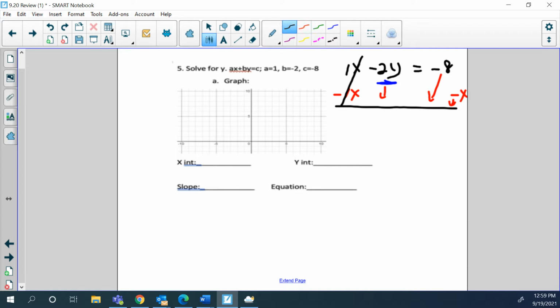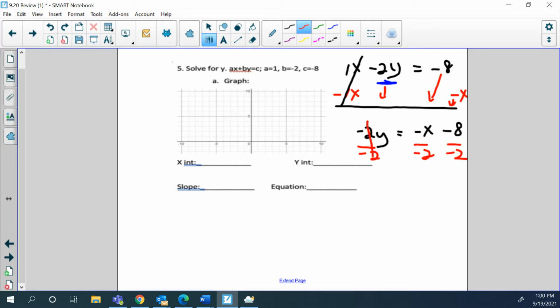So I'm going to have now a negative 2y. Now I'm going to write the negative x first, all right? Equals negative x minus 8, or negative 1x. Divide by negative 2 now. Divide by negative 2, divide by negative 2, divide by negative 2.